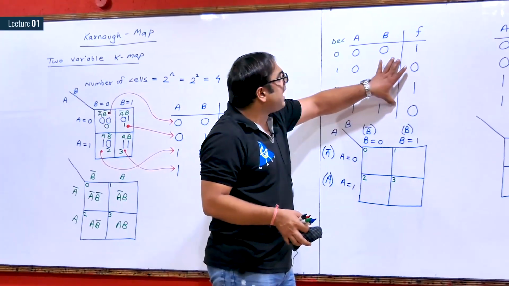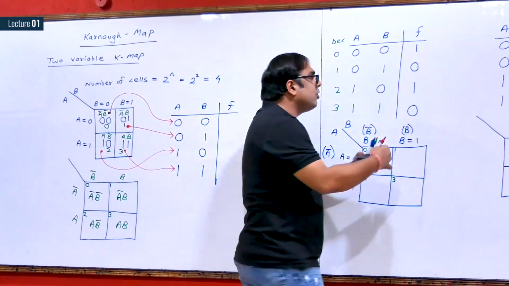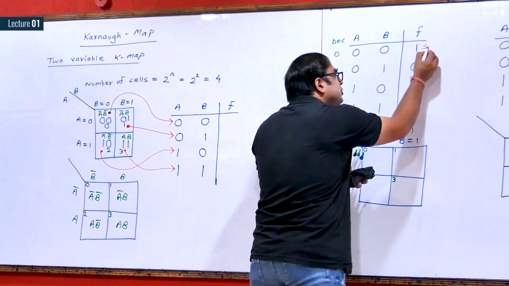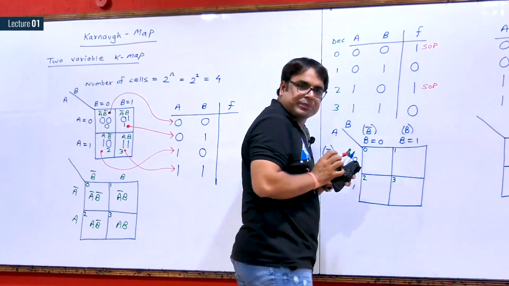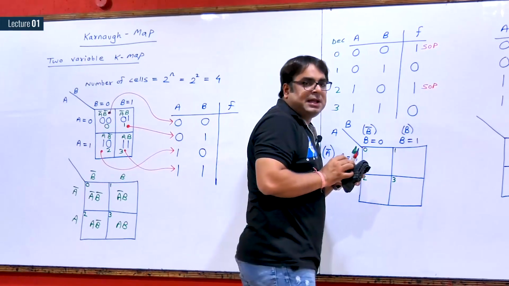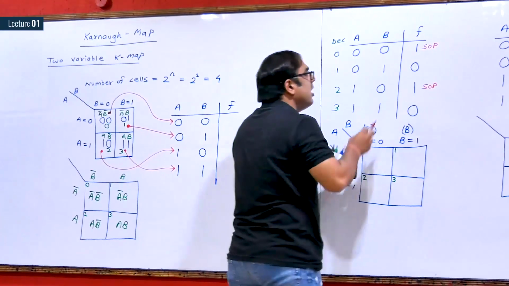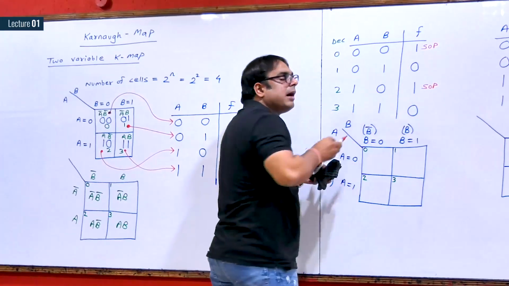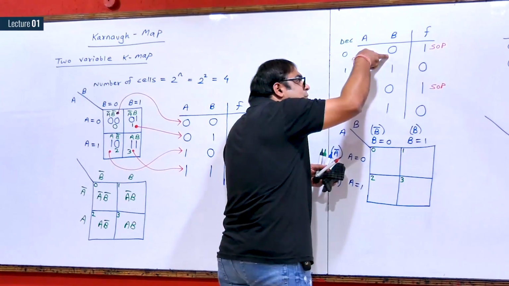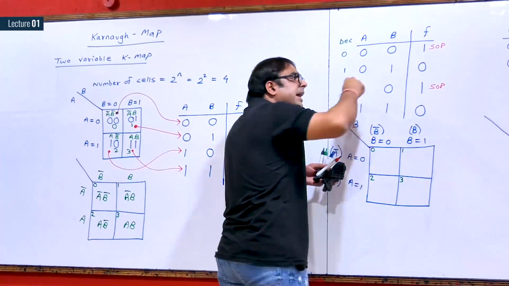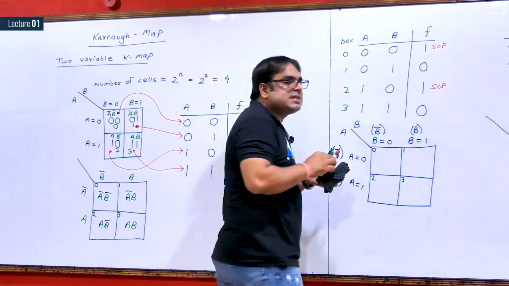If I have to go with SOP, the first point should be clear: I have to target the ones in the output column. So there are two ones in the output column. What are the input combinations? Input combinations are 0, 0 and 1, 0.